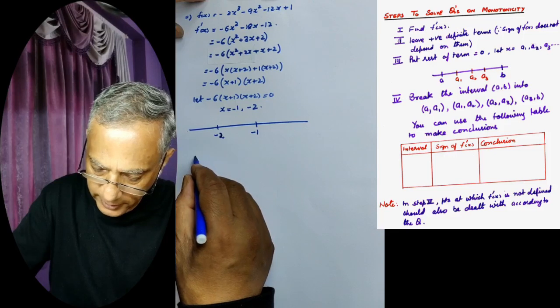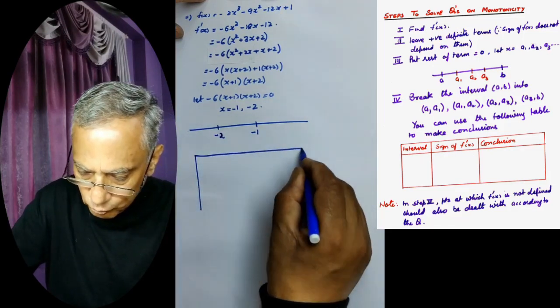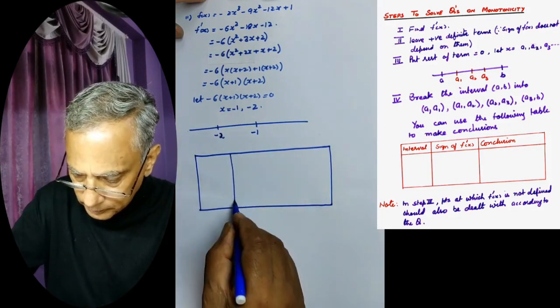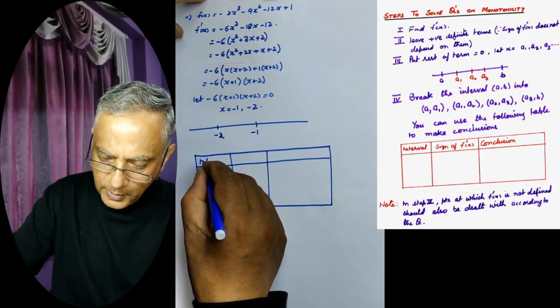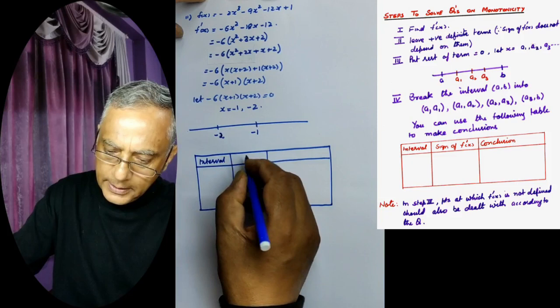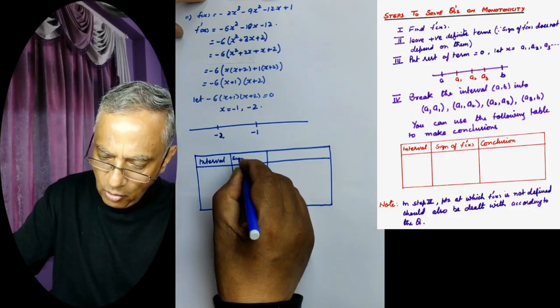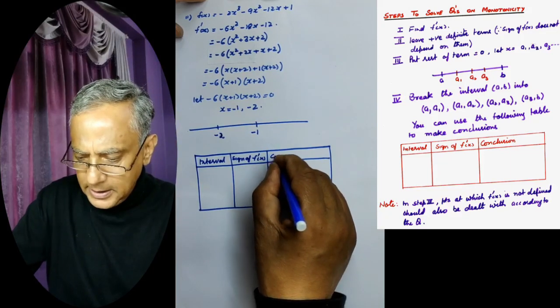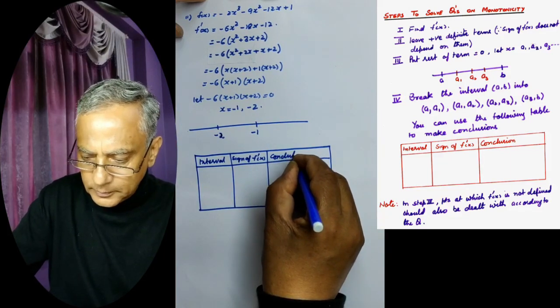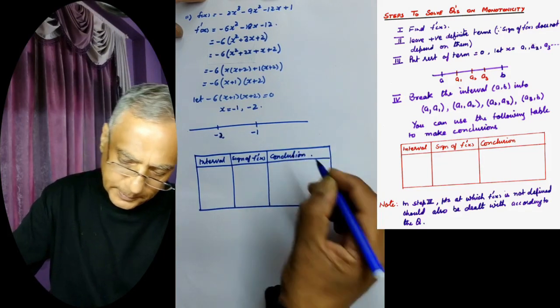We make the following table. First column is interval, second is sign of f'(x), and third is conclusion.